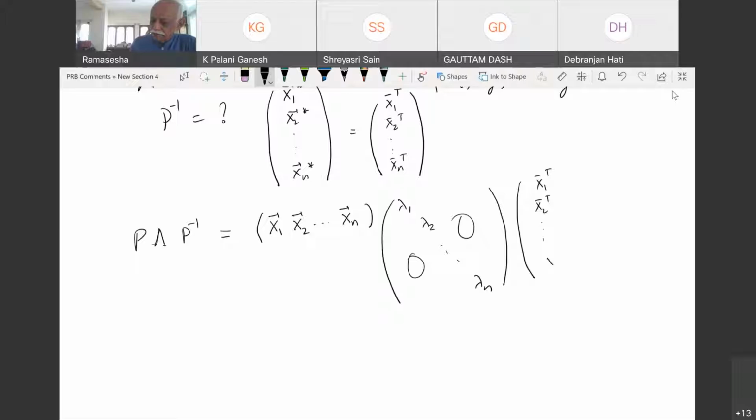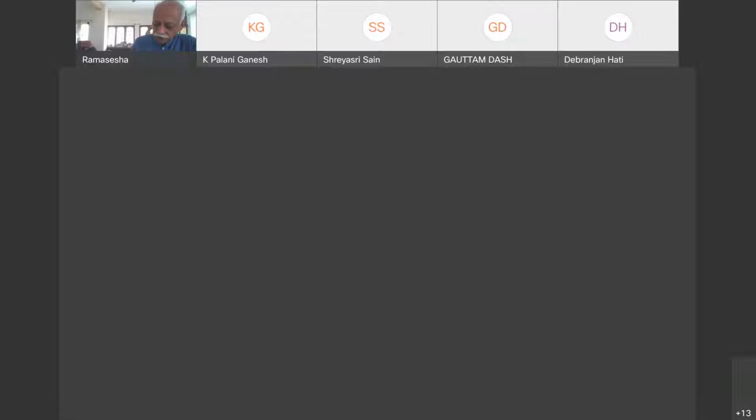So I can actually write it as x1, x2, etc., xn times lambda 1 x1 bar transpose, lambda 2 x2 bar transpose, etc., lambda n xn bar transpose.